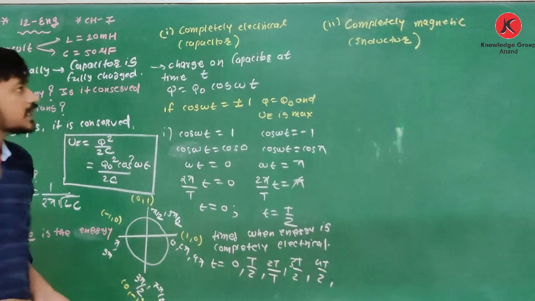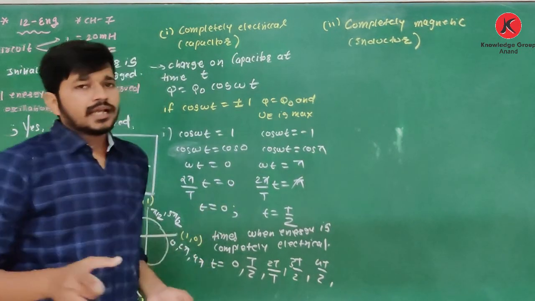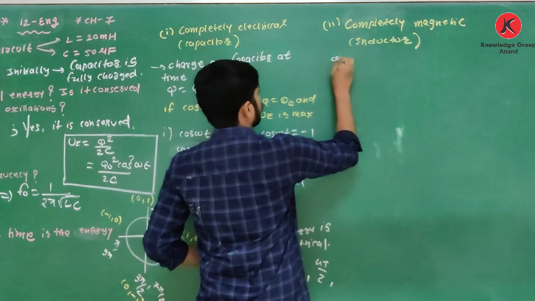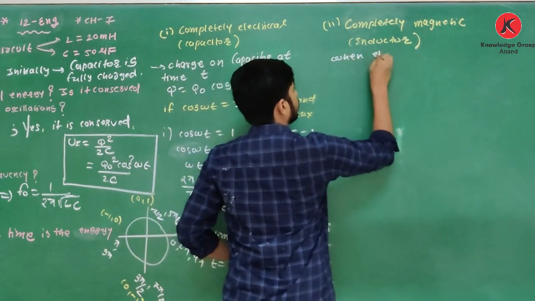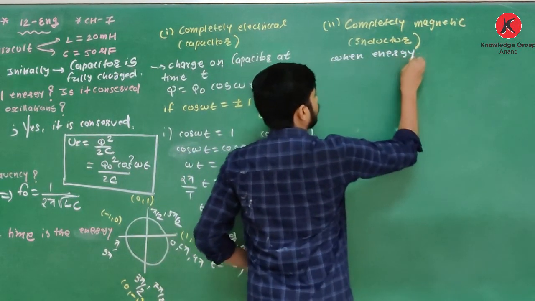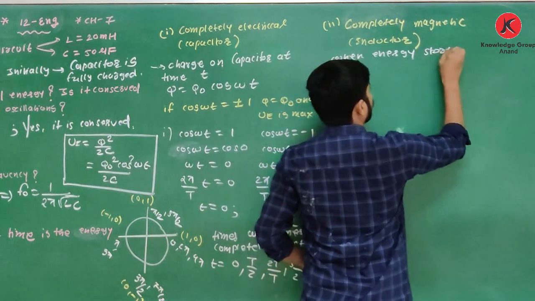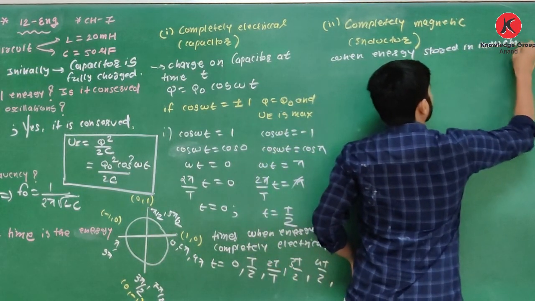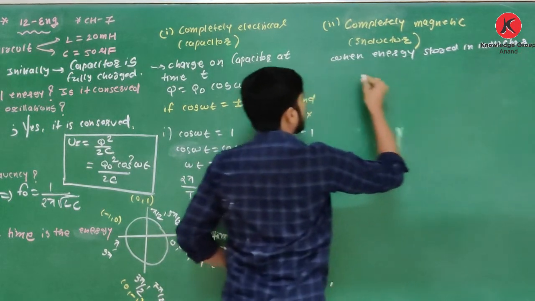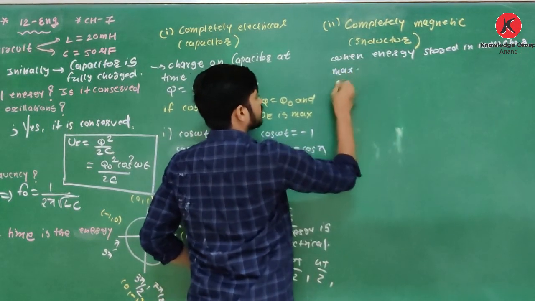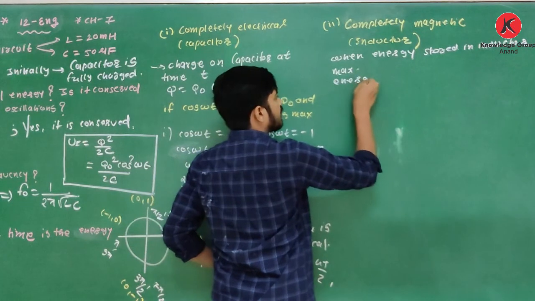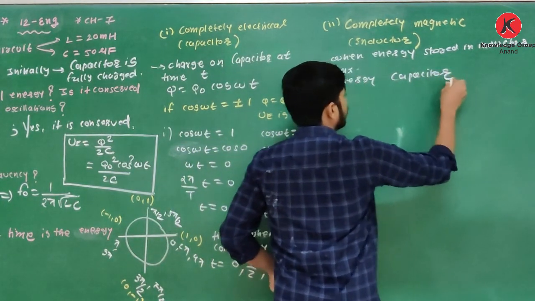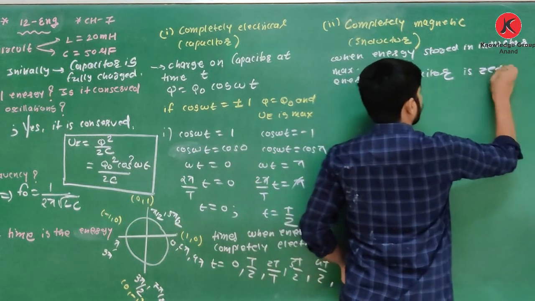Now, inductor. We know that total energy is stored in inductor when energy stored in inductor is maximum. Then energy stored in capacitor is 0.